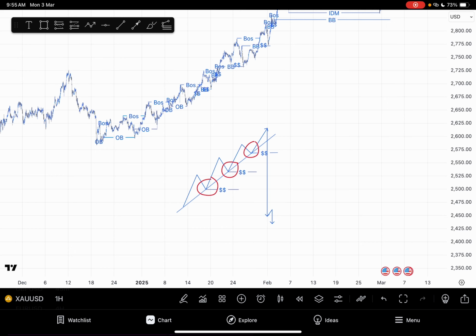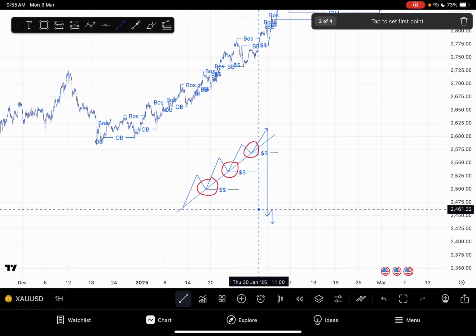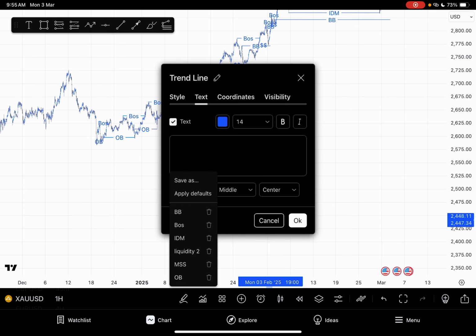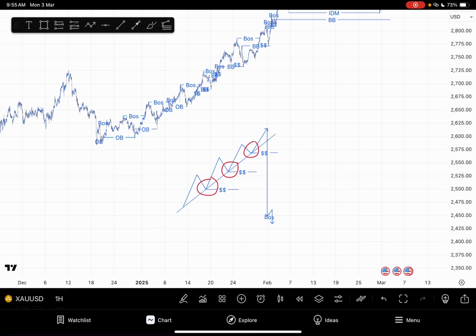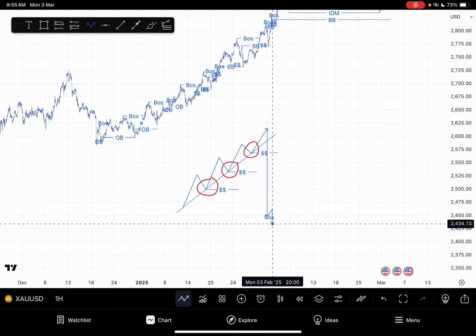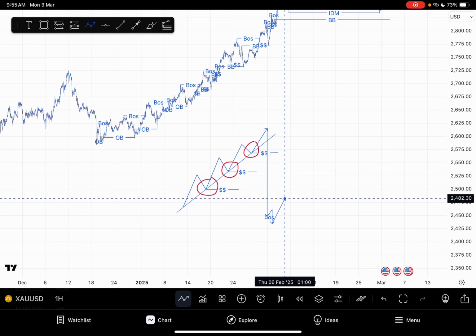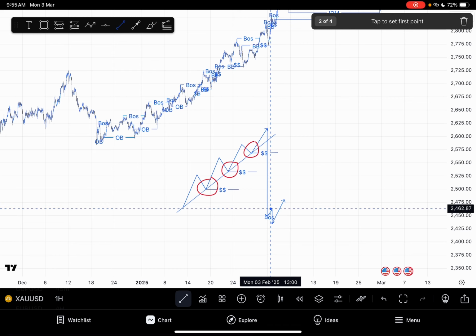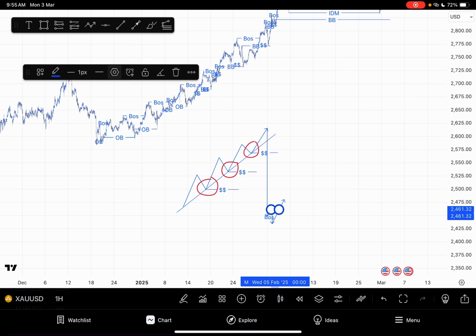Now, this movement back to the downside is the fake break of structure. You must always wait for that fake break of structure. After this break of structure, you see price push again to the upside, creating a market structure shift at this point.